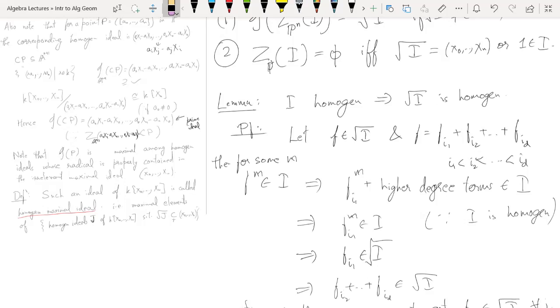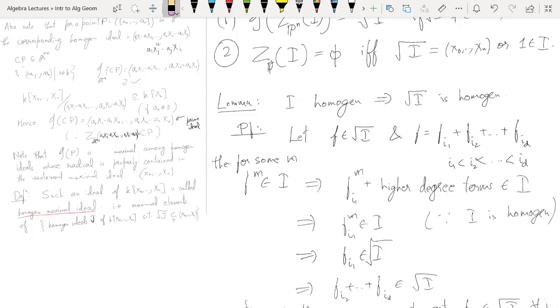So f^m belongs to I, and f^m is the same as f_{i1}^m plus some higher degree terms, and that belongs to I. Since I is homogeneous, and f_{i1} is a homogeneous polynomial, and the mth power of a homogeneous polynomial is also homogeneous, this is a homogeneous piece of this polynomial contained in I. In fact, it is the degree i1 times m homogeneous piece.